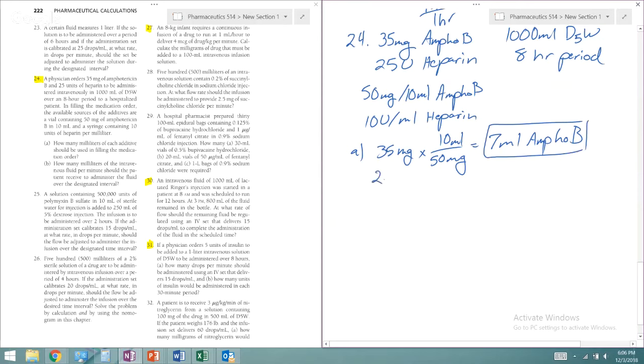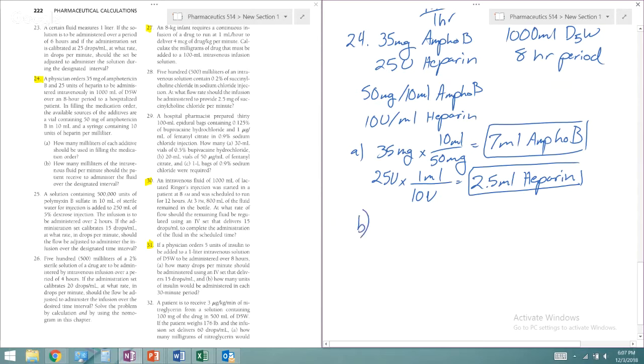And then we have to do 25 U times 10 U per ml. Oh no, I am sorry. Okay. So then you find that that's 2.5 milliliters of heparin. Oh my gosh. I don't know why my brain spazzed out.